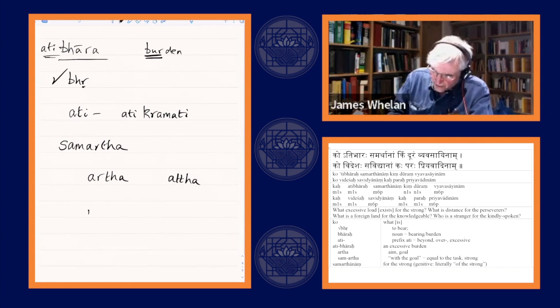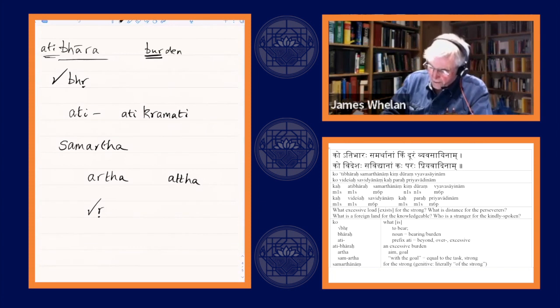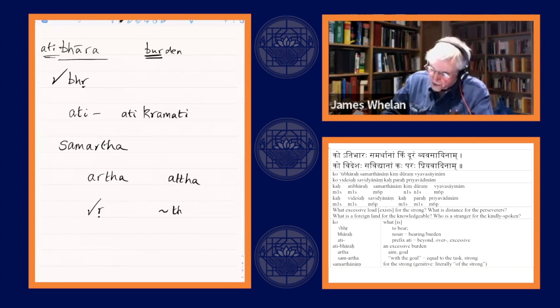It's from the root ri, meaning to go. I'm going to spend a little bit of time on it because it's such an important word. Many roots form a verbal noun by adding a ta.